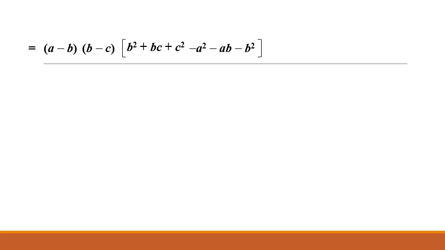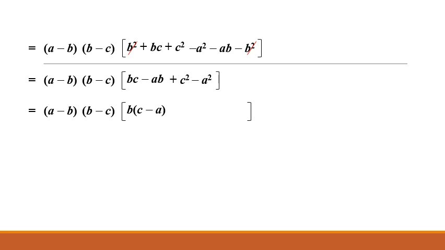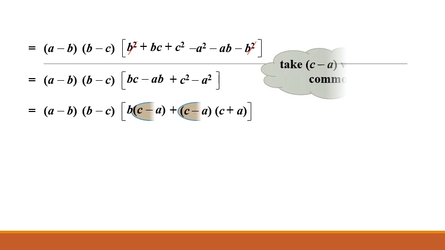So the b square and b square terms will cancel off, and using the property a square minus b square, we can write c square minus a square as c plus a into c minus a. You can see that in the first two terms in the bracket, c minus a is common.